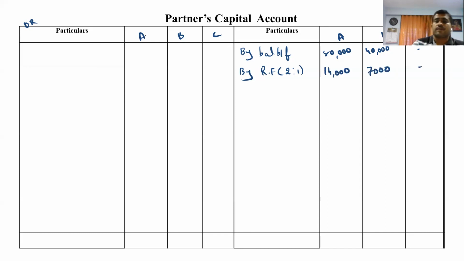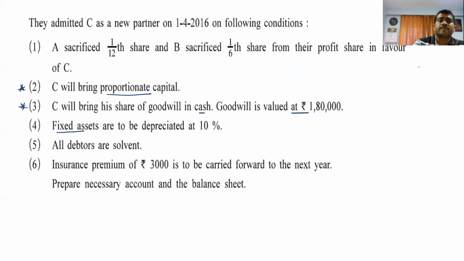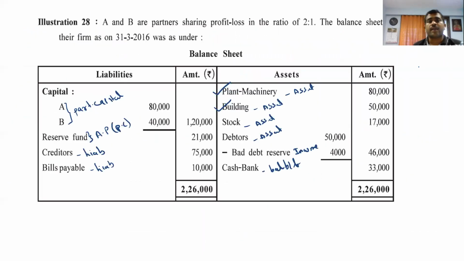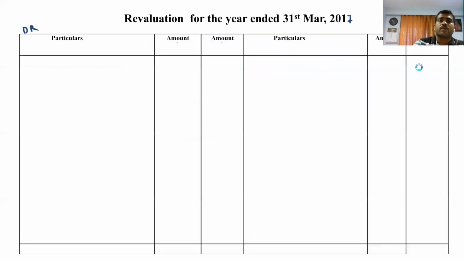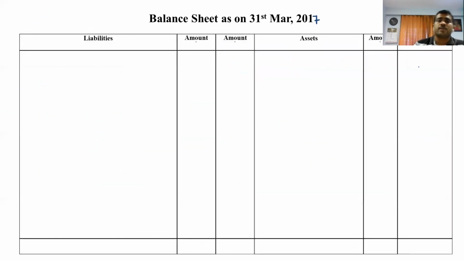After reserve fund, what is the next point? Creditors and bills payable. No tick mark is there. So we can go to the balance sheet, liability side. In that, the first thing we write is capital, and three partners are there: A, B, C. And then we write creditors.